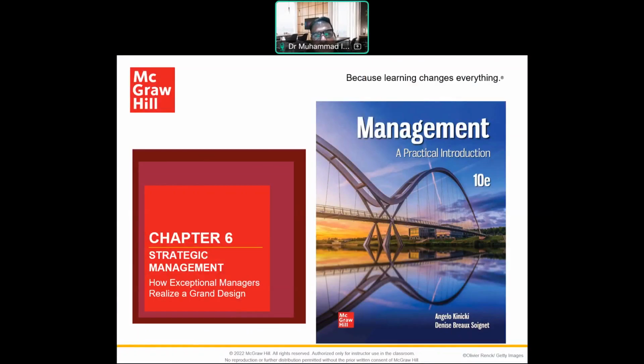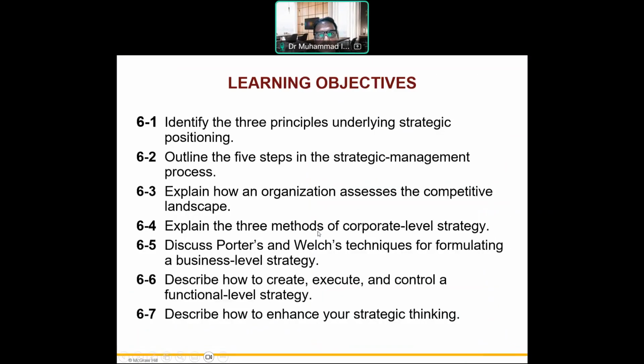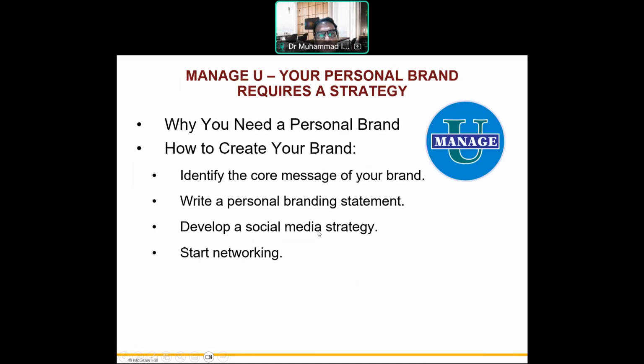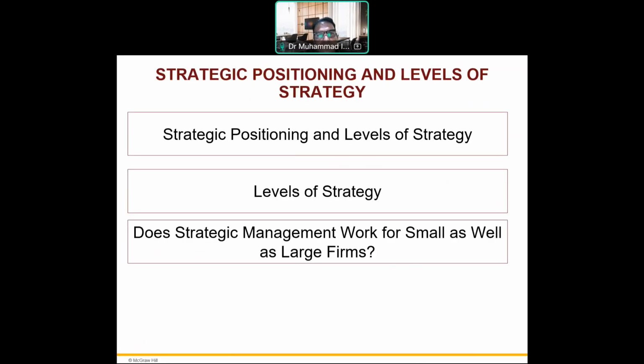So today our topic of discussion is topic number 5, which is about strategic management. These are the contents I'm going to show you. Learning objectives are some suggestions for your beginning, but our chapter starts from here, which is about strategic positioning and levels of strategy.